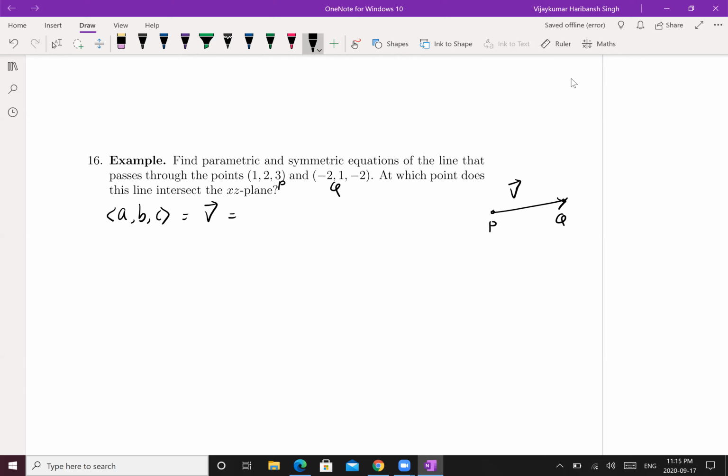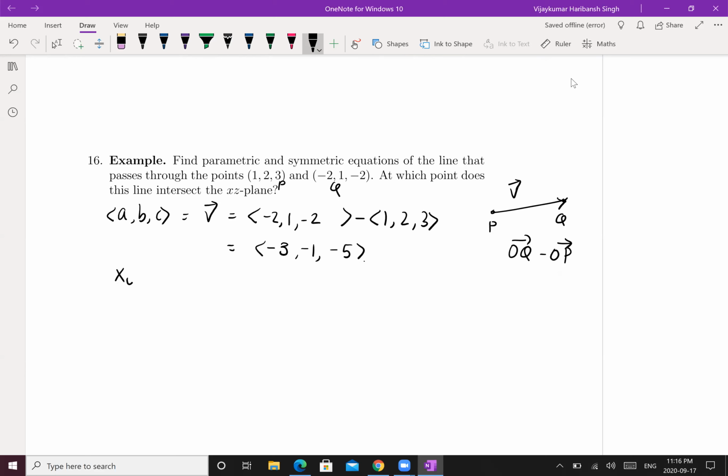So we compute Q minus P: minus 1 minus 1, which is minus 2, 1 minus 2, which is minus 1, and minus 2 minus 3, which is minus 5. So this is our v.